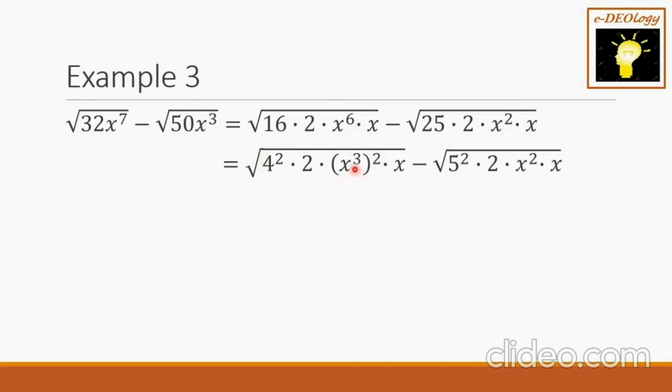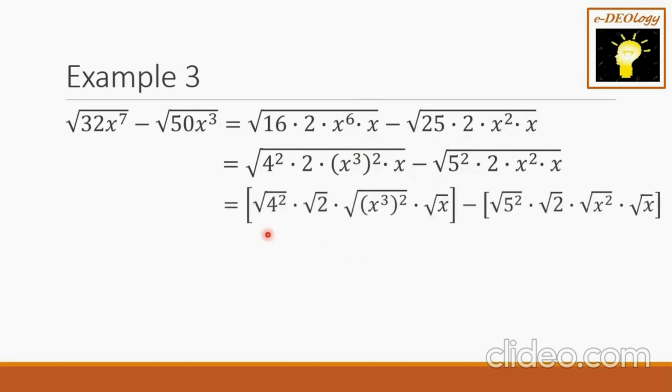So checking here, if I multiply the 3 and the 2 powers, I will get back to that power 6. And then the x factor will just be copied down here. On the second radical, the 25 is now represented into 5 square, and the rest we just copy down here.